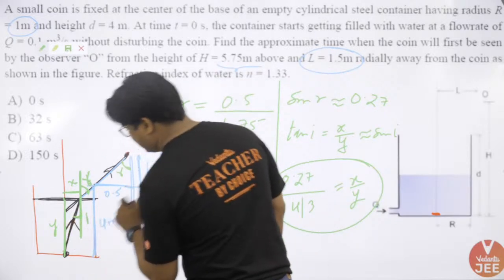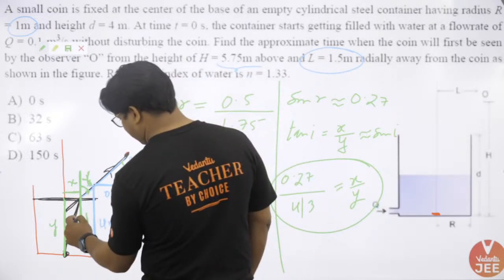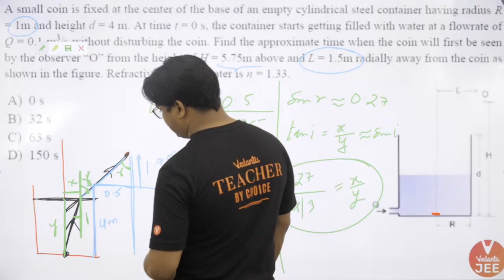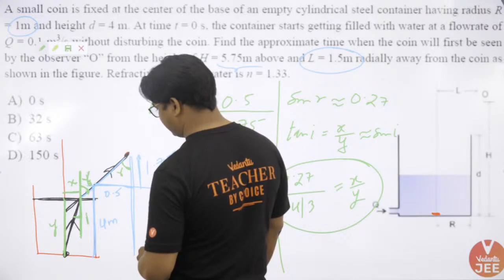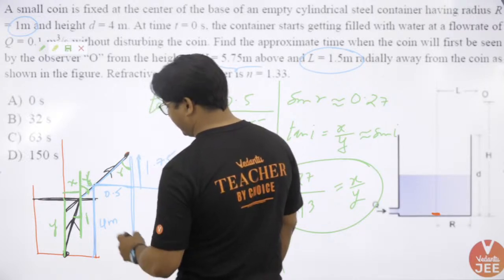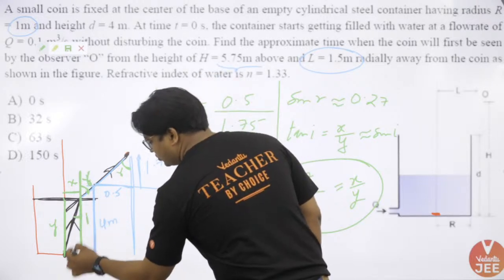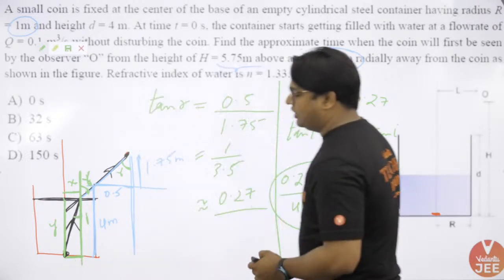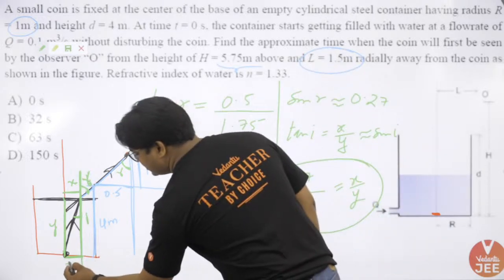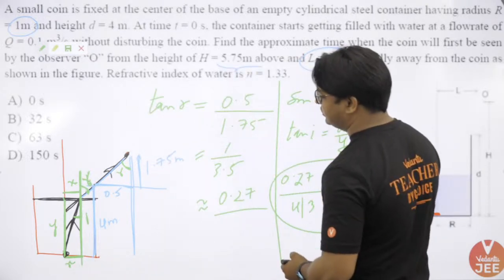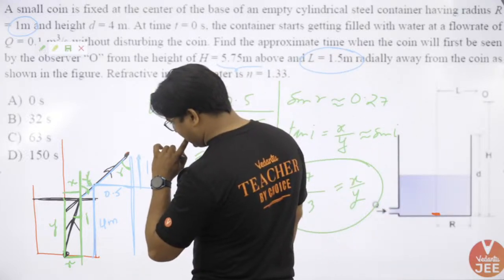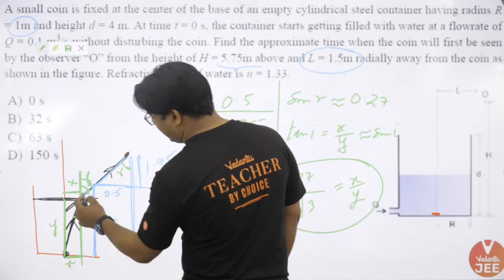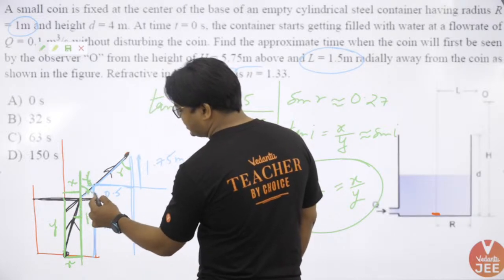Just a minute. This angle is i, and we have obtained tan i as x by y. What else can we do? Yeah, this distance is x, we are assuming it to be x. This angle is r, and even this angle will be r.